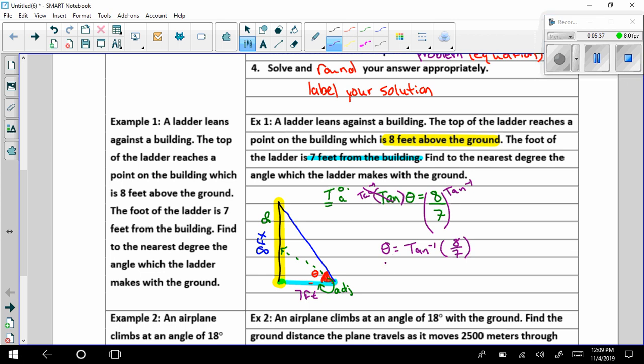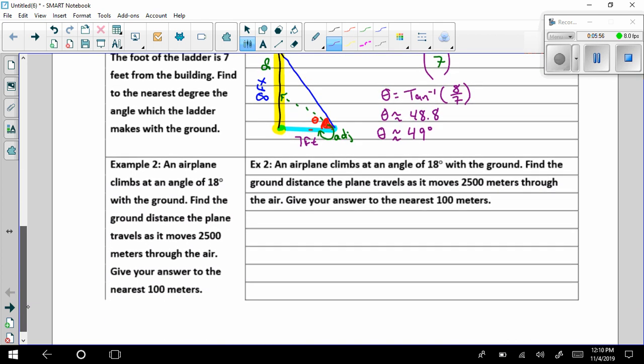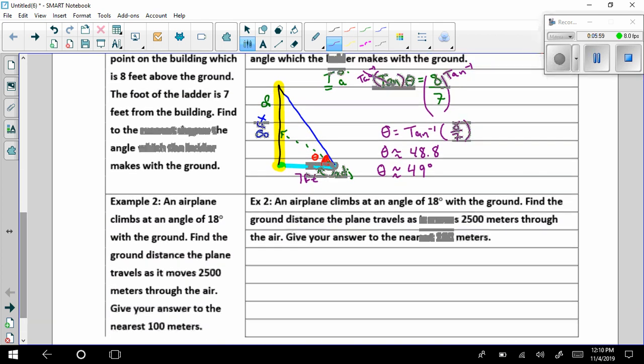So I'm getting 48.8. To the nearest degree, I'd round that up to about 49 degrees. All right, so any questions about that, make sure you jot them down so that you can ask.